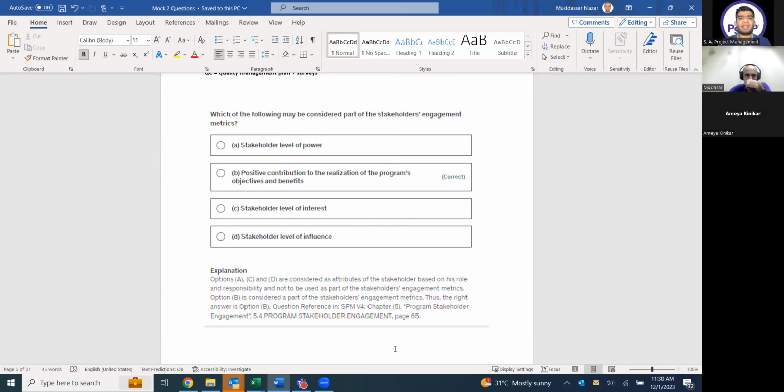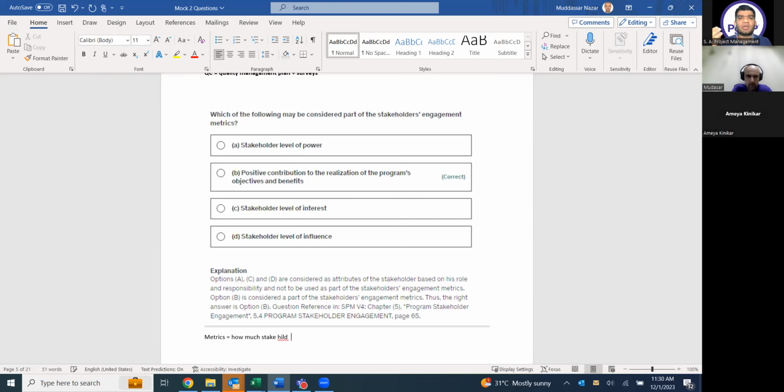The point here is that we are not doing stakeholder analysis. Metrics means how much your stakeholder is involved in your program. So that will not tell you about the level of power. This is clear, because if he is strong or more influential, it will not affect his engagement.